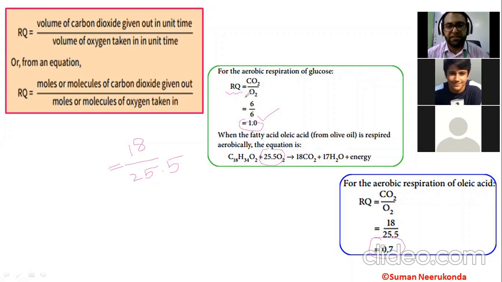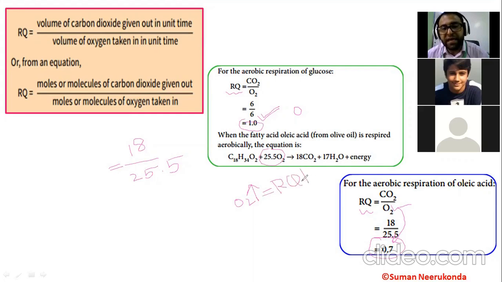The respiration of fatty acid needs more oxygen, that's why the respiratory quotient goes down. It is inversely proportional. Remember, if oxygen utilization increases, the RQ value will decrease.